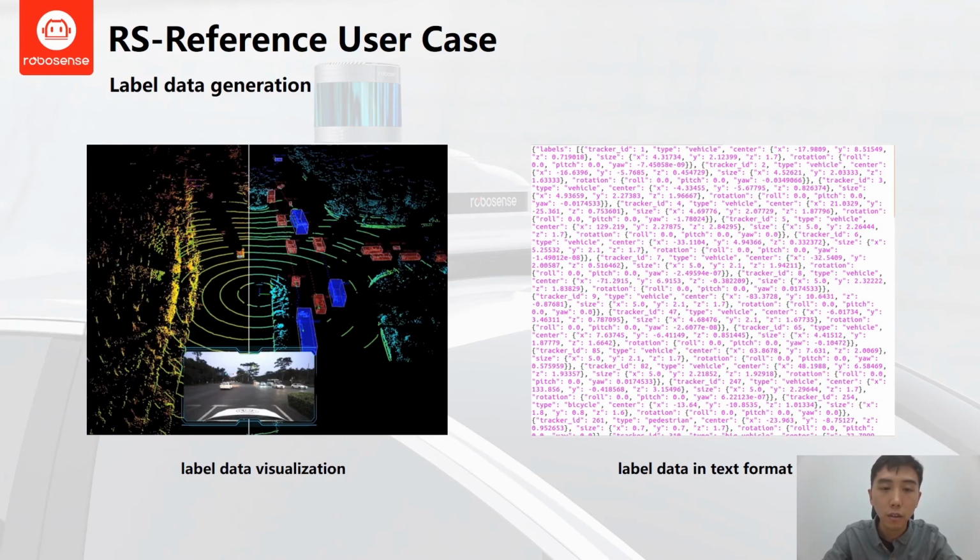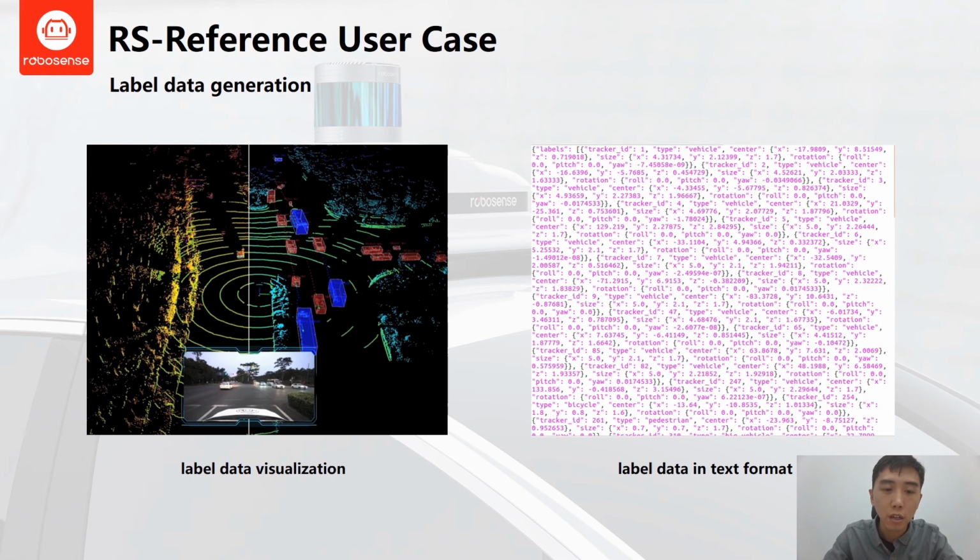And here, the next use case is label data generation. Nowadays, people are using deep learning as the main algorithm to do all these perception jobs. Deep learning is a data-driven method, so people who have more data have more advantages.